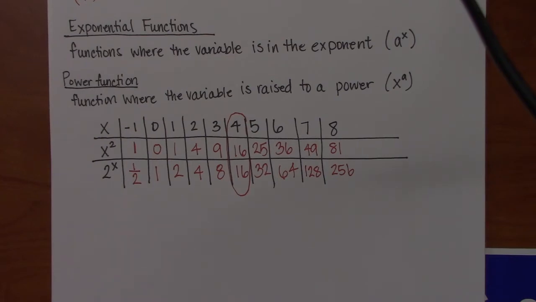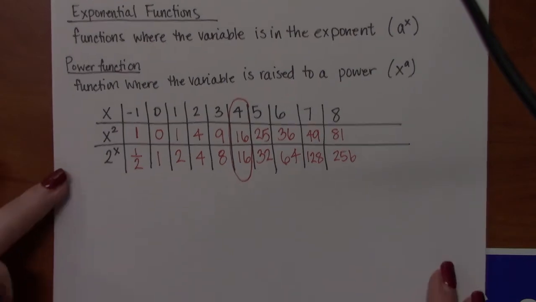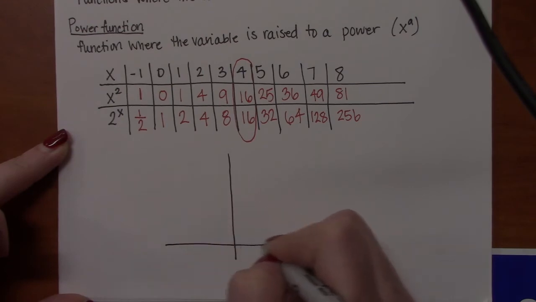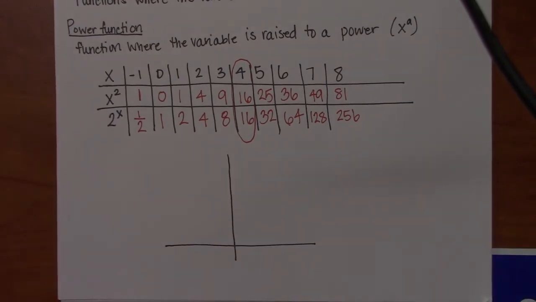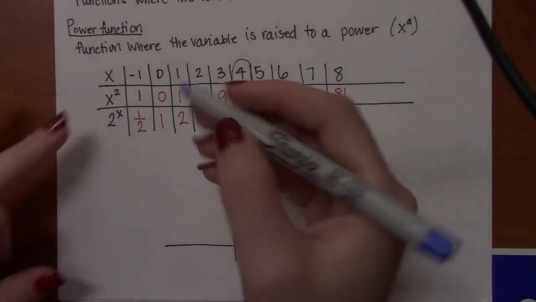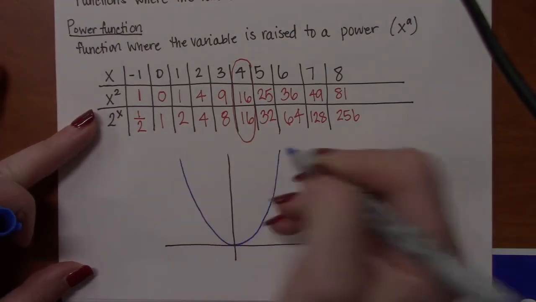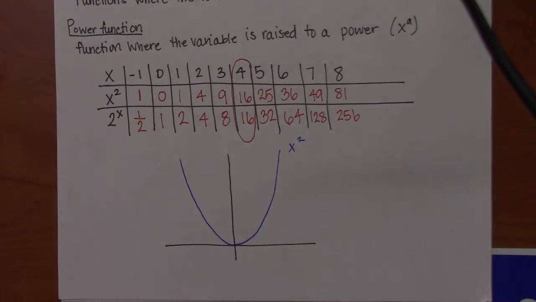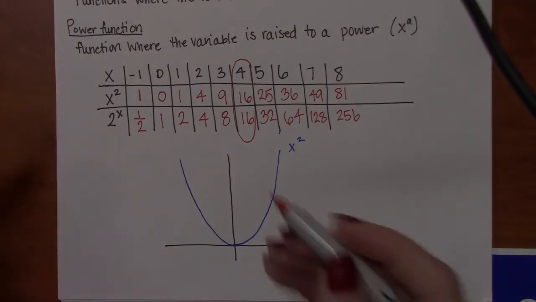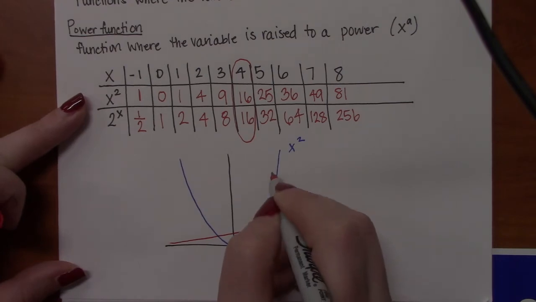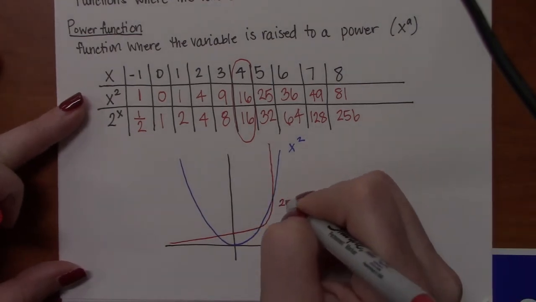So I'm going to make a very poor attempt to sketch this and show you what this looks like. So the quadratic, right, looks something like this, but the exponential function does something like this.